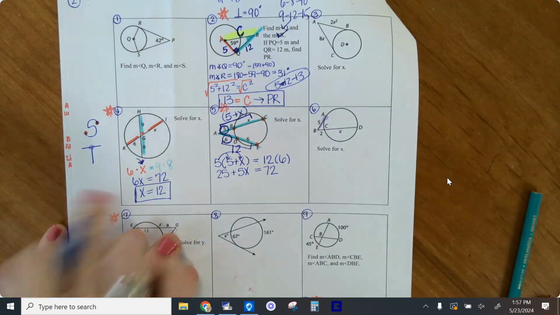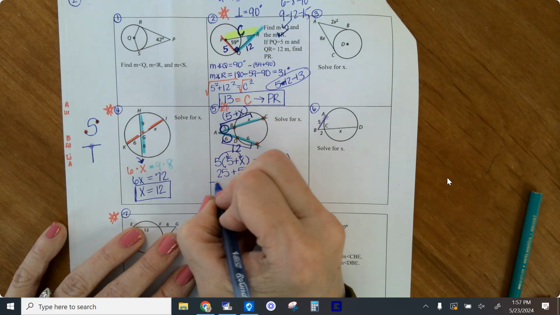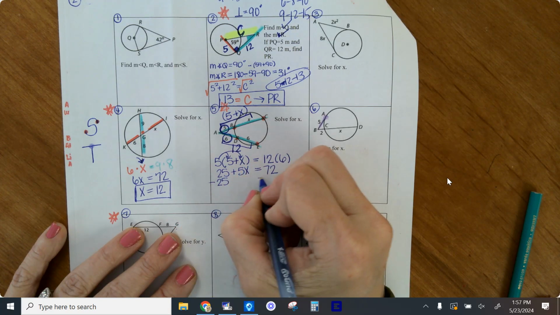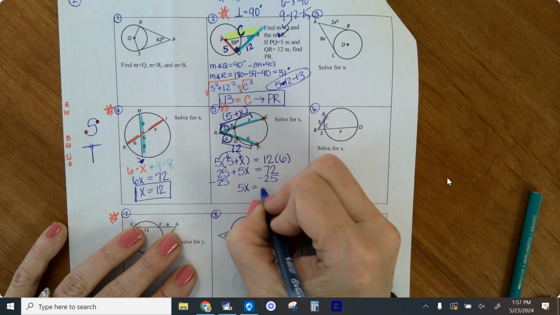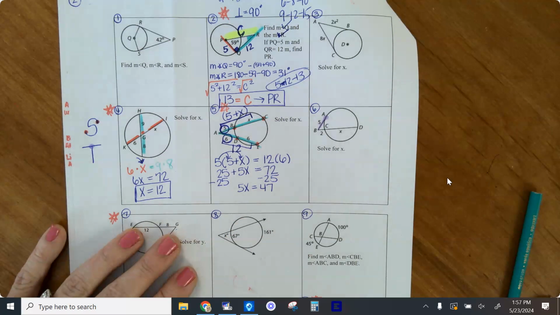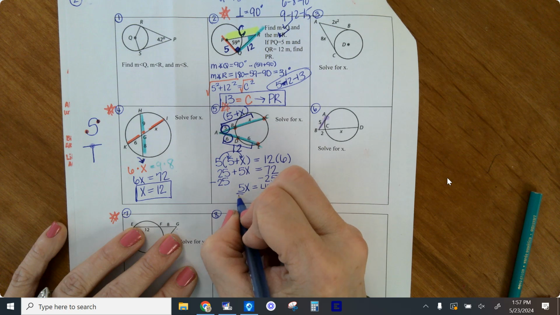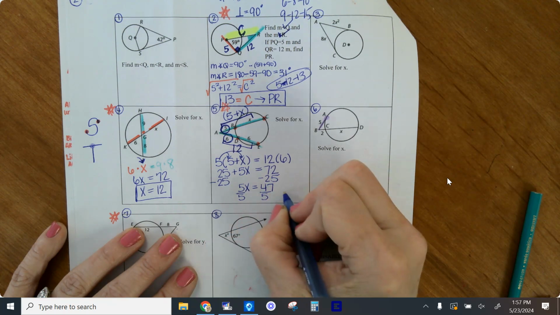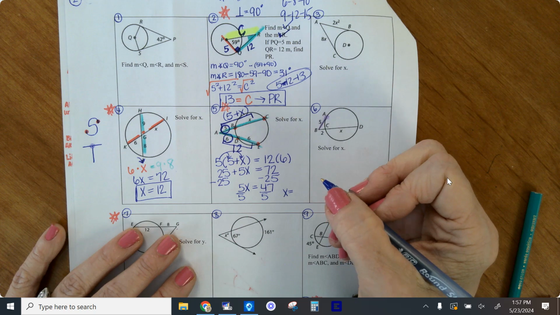Hey, I know that from the previous question. I didn't even need to type it in. Then we have to subtract 25. So we get 5x equals 47. And now we're going to divide by 5. So we get x is, tell me that answer.